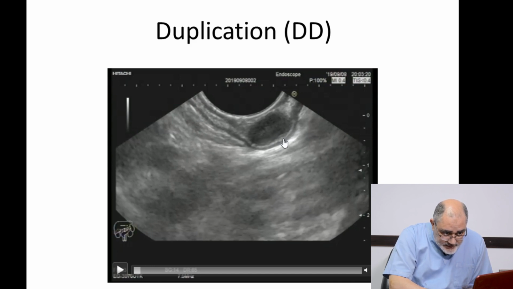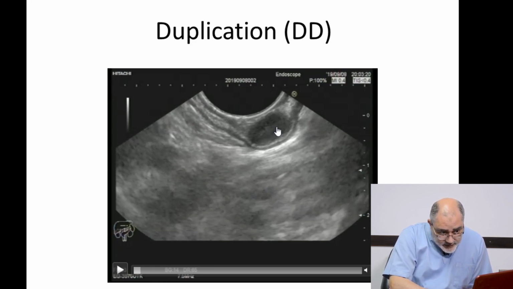If you consider this the submucosa, then this will be the muscularis mucosa, and this is the muscularis propria. And this is inner to the muscularis propria, so it may be located in the submucosa or the muscularis mucosa. So the differential diagnosis here is duplication cyst or a small leiomyoma.